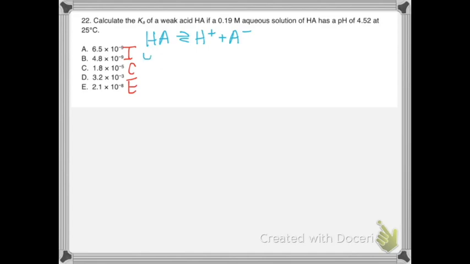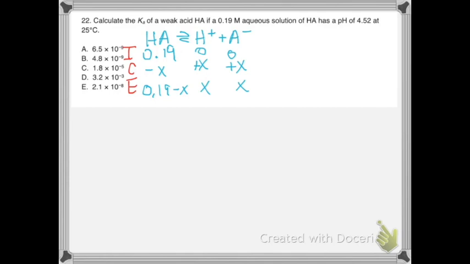Our initial concentration will be 0.19, 0, then minus x, plus x, plus x, and at equilibrium 0.19 minus x, x, x.